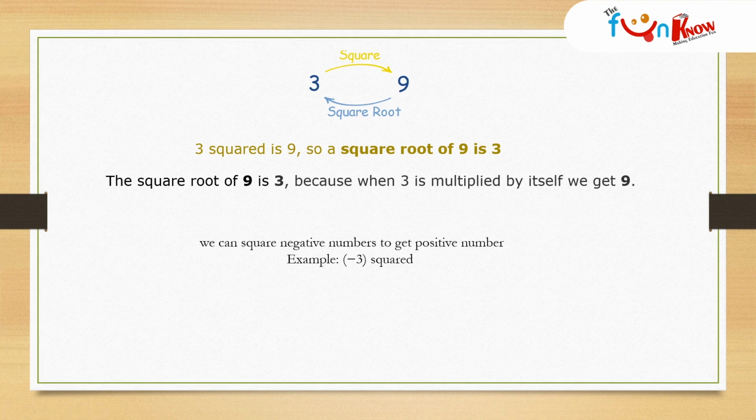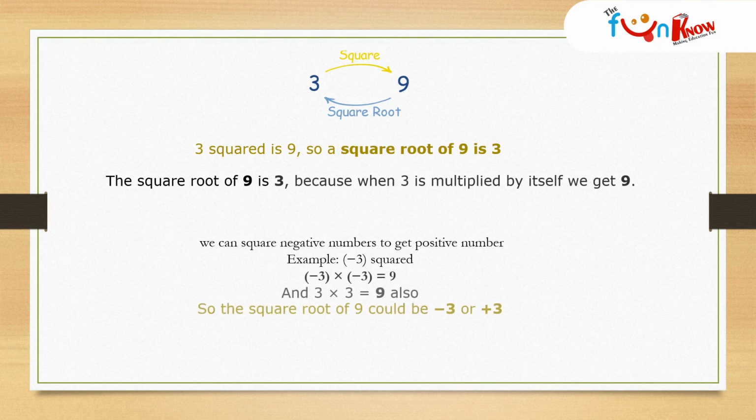Also, it is not compulsory that a square root will be only of positive numbers. As you have seen, the square root of 9 is 3. But if we take minus 3, then minus 3 into minus 3 will also give 9. So two negative numbers can give a positive number. Students, I hope you remember a rule which we have studied in mathematics: two negatives give a positive.